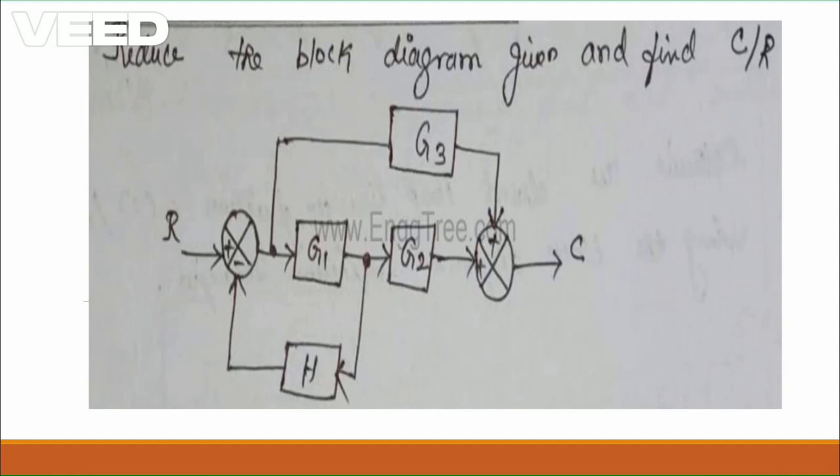The 1 by G1 should be added next to G3. If we combine that, both G3 and 1 by G1 are in cascade. For cascade, we simply multiply the two transfer functions.